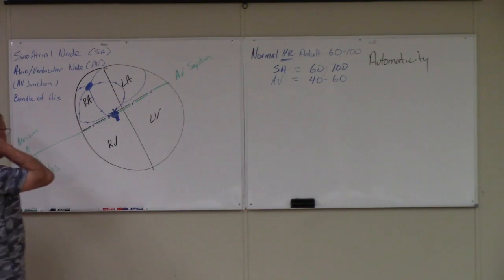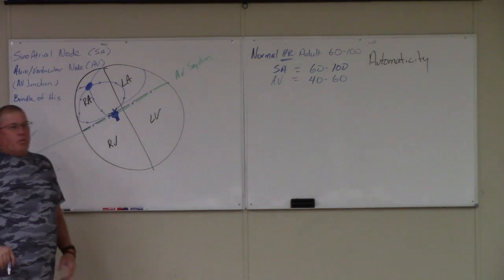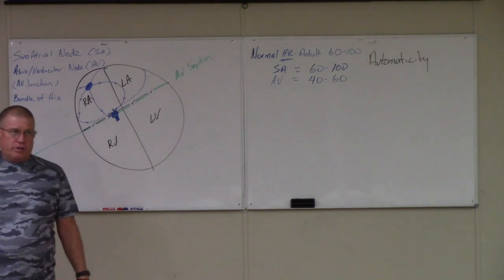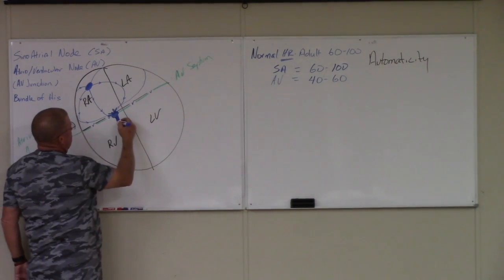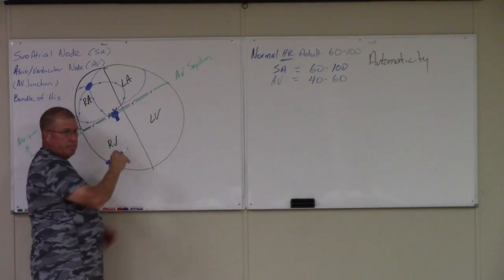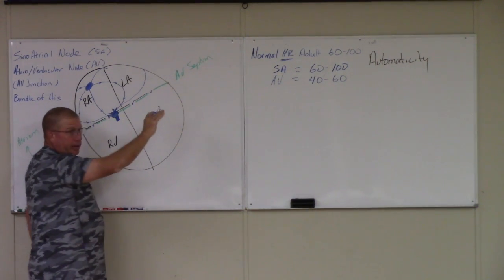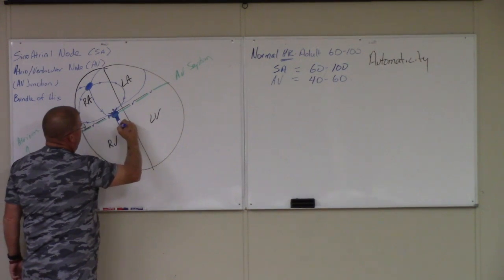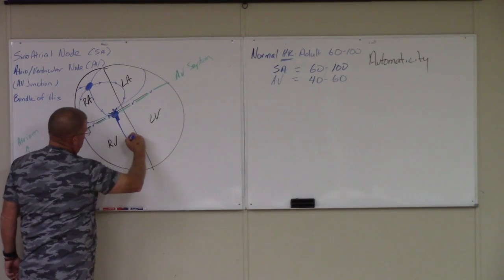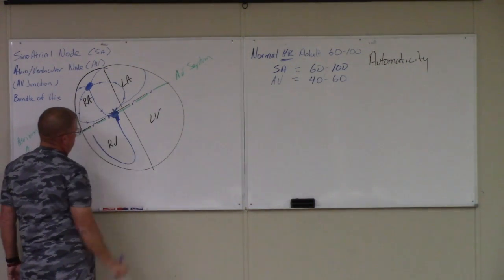Okay, coming out of the bundle of His, we get into right and left bundle branches. What that is is a large branch, looks like a tree branch, of intercalated discs again. You've got one that comes down the right ventricle, comes up from the bottom of the heart and comes up this way.